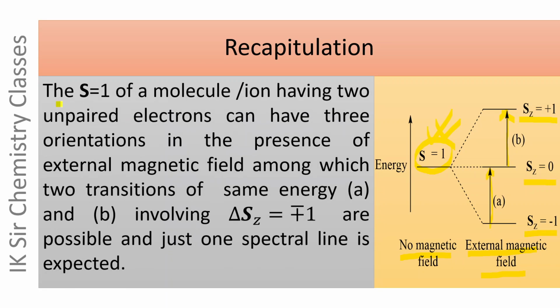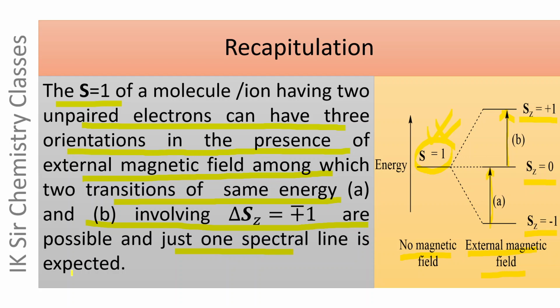The S equals 1 state of a molecule or ion having two unpaired electrons can have three orientations in the presence of an external magnetic field, among which two transitions of the same energy, A and B, involving delta Sz equals ±1 are possible, and just one spectral line is expected.